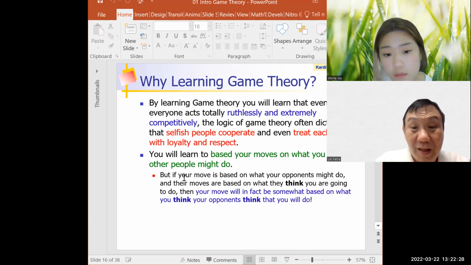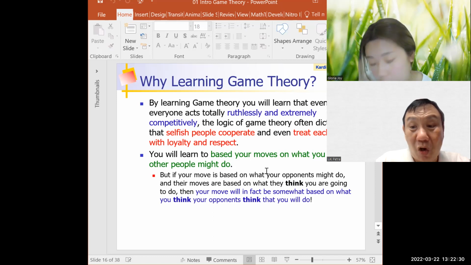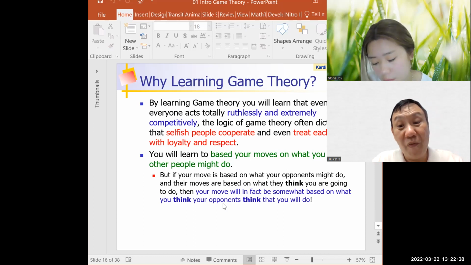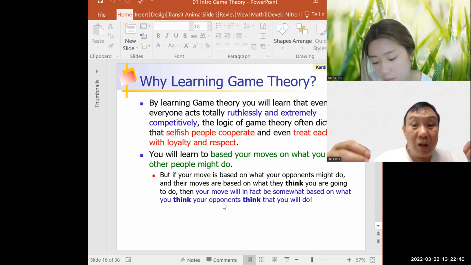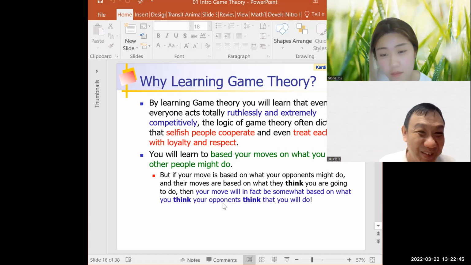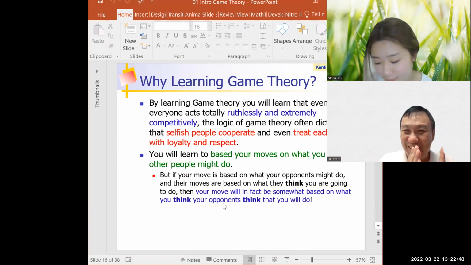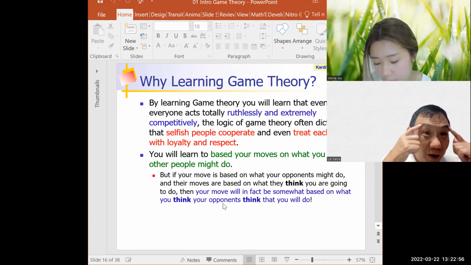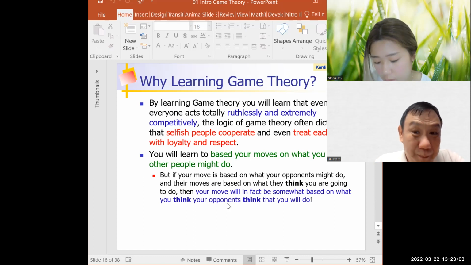Because if your move is based on what your opponent might do, and their move is based on what they think you are going to do, then your move will in fact be somewhat based on what you think your opponent thinks you will do, isn't it? So it's not just about the actual outcome, but you start to think about what others will think about you. That is the actual lesson of game theory.